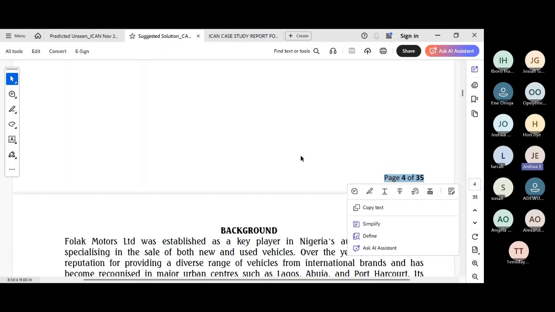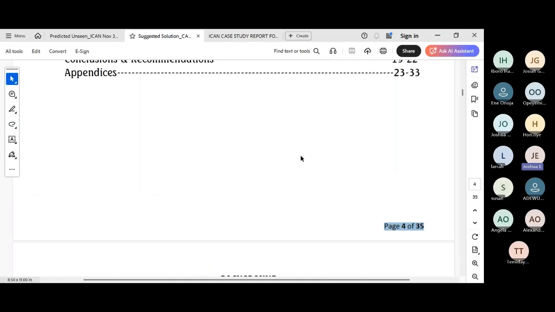So are we supposed to also number in our answer scripts? Yes, please. Maybe starting to number it from the cover page. Yes, please number it. It's very important for on-screen marking. The examiners do it so that your thoughts or your scripts can be followed through. So please number your pages.